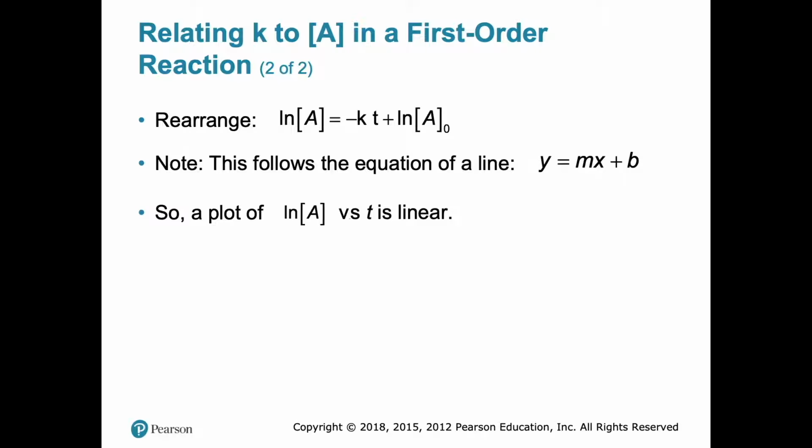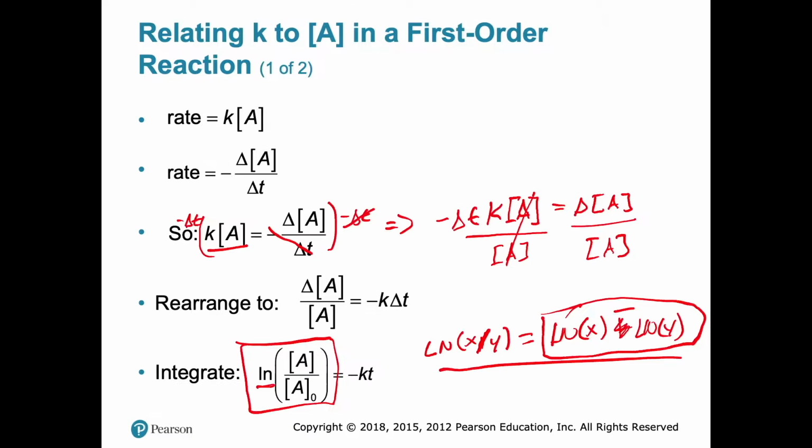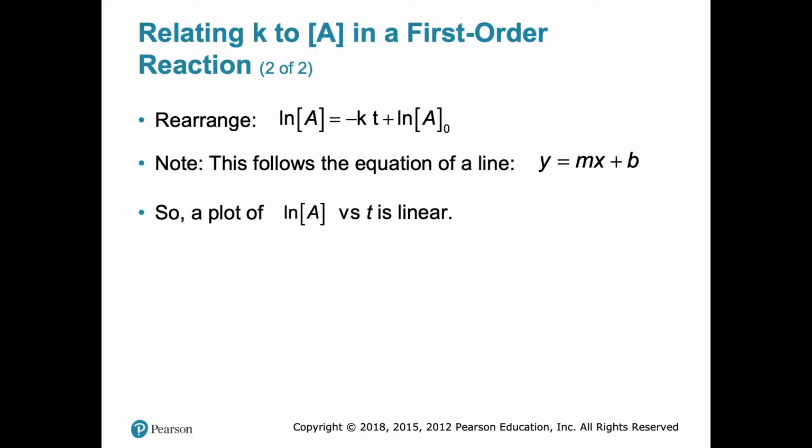Compare that to the differential rate law, which is what we had up here, where you had all the change and stuff right here. This is the differential rate law, compared to the integrated rate law.